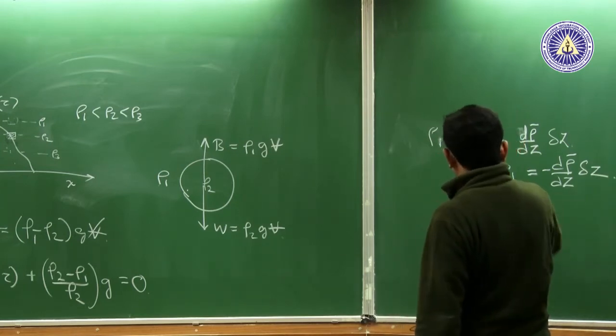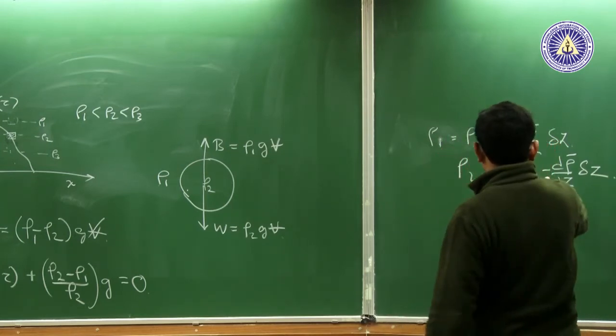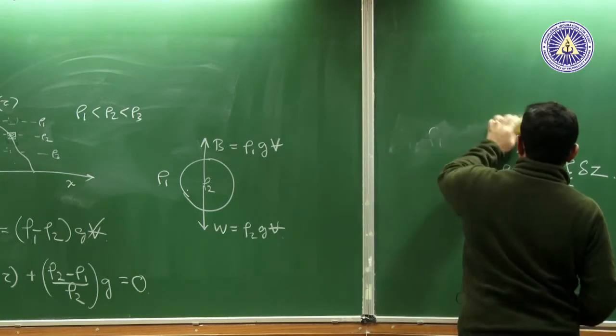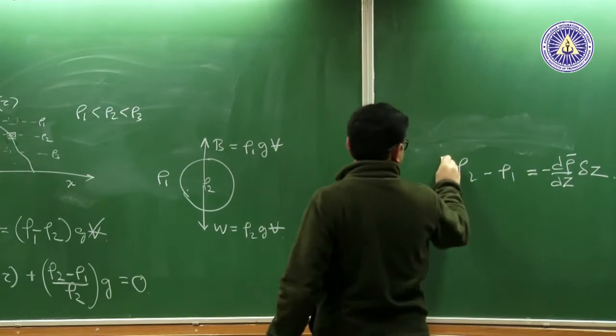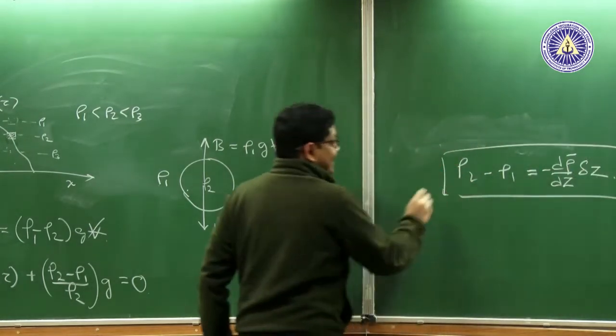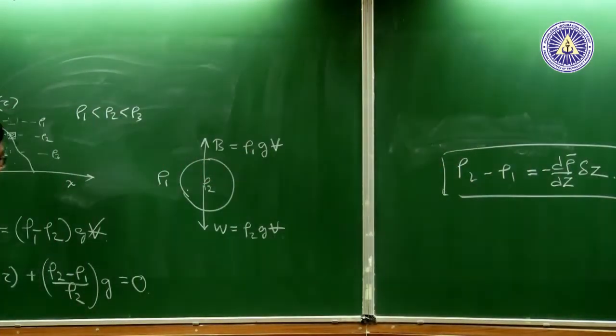I want my rho 2 minus rho 1, sorry. It is somewhere. Okay. So, I will simply substitute that.